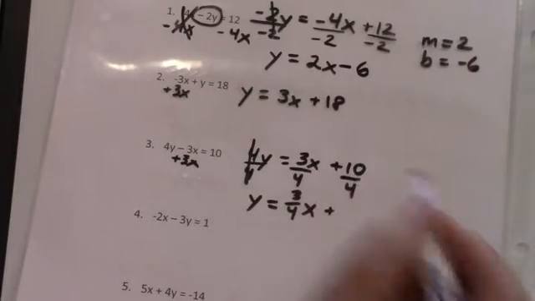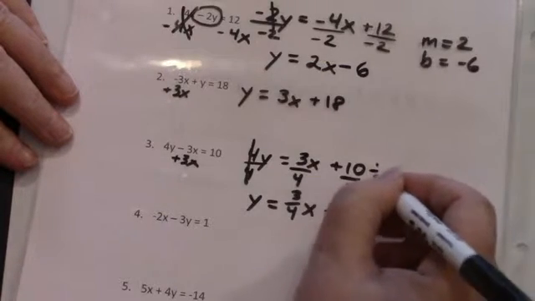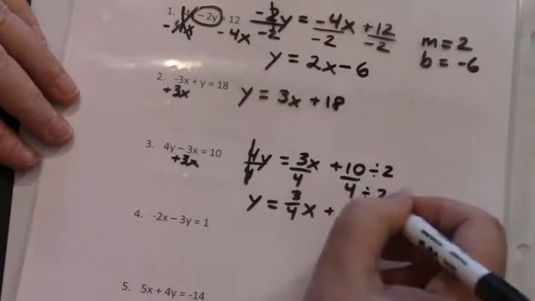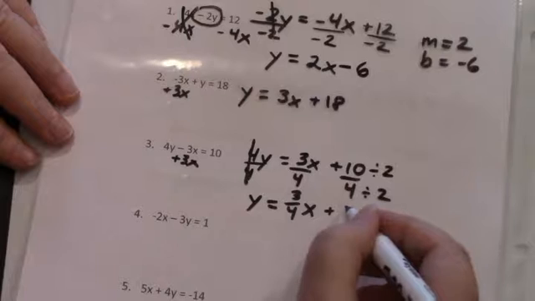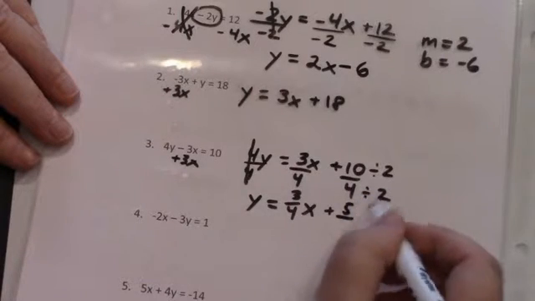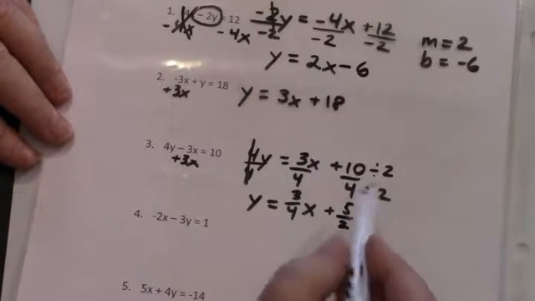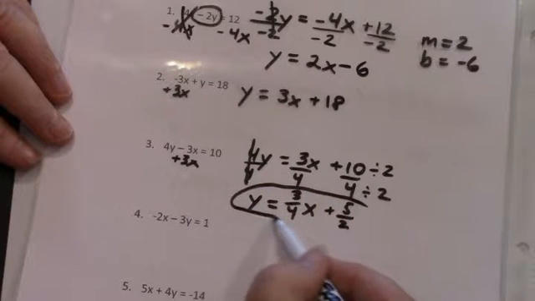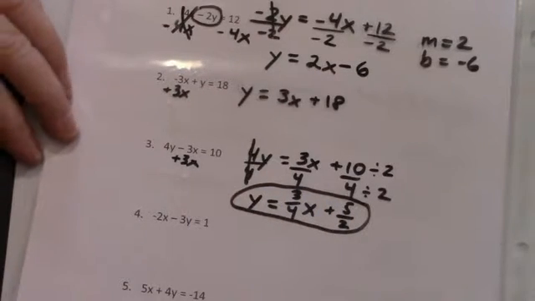This doesn't divide evenly, and algebra likes improper fractions, so I'm not going to convert this, but I will reduce it. The greatest common factor between 10 and 4 is 2. So I'm going to divide each number by 2, and that gives me 10 divided by 2 is 5, and 4 divided by 2 is 2. So my final equation looks like that.